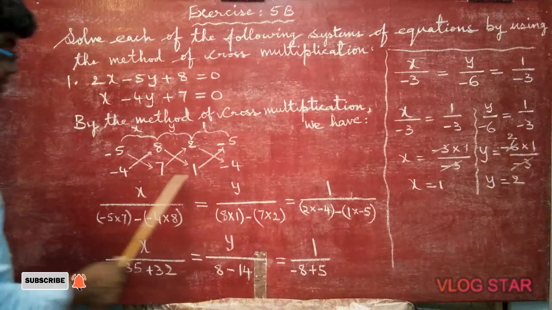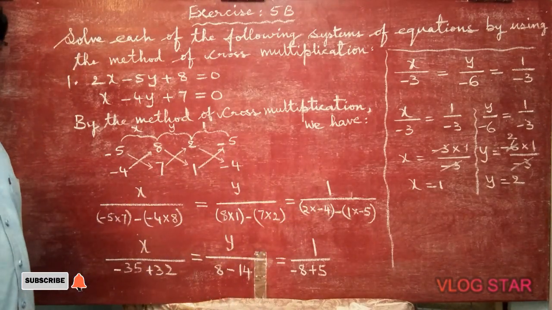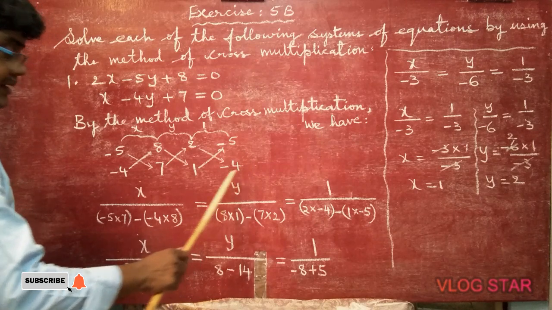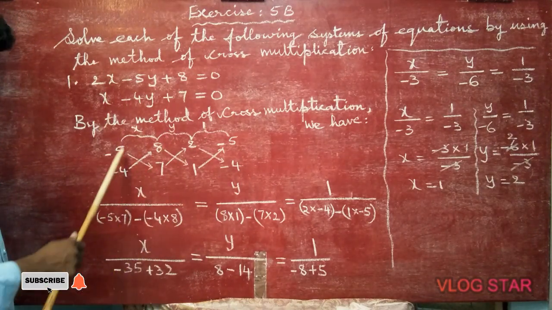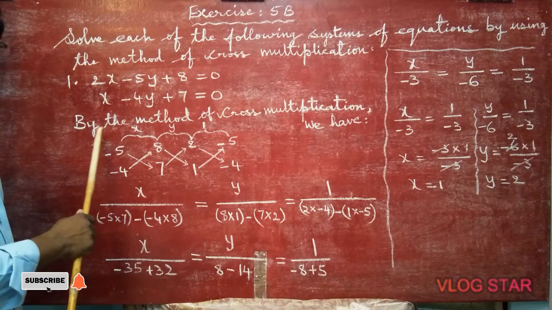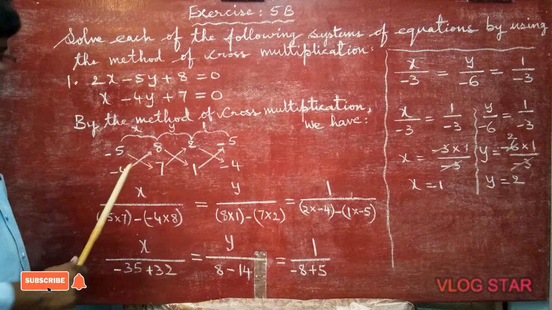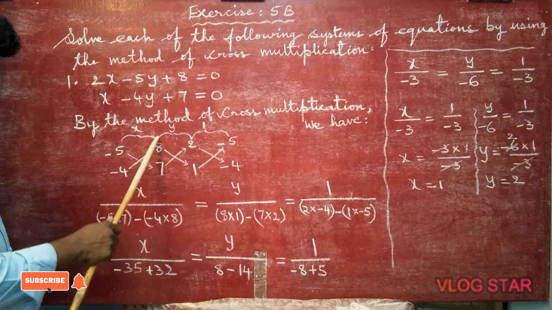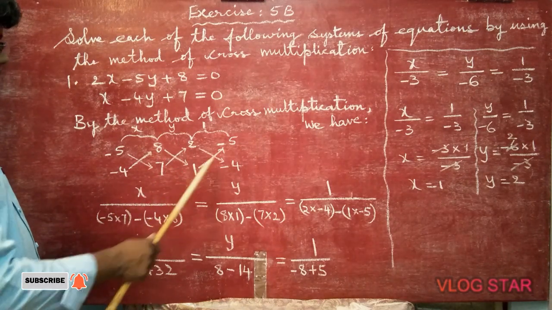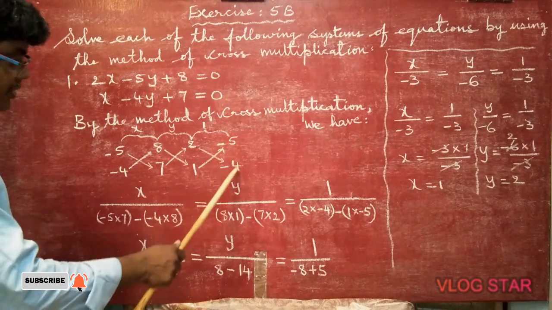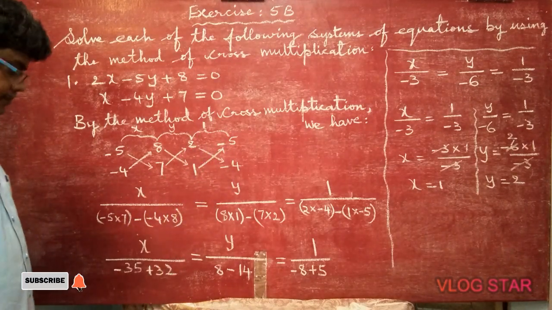So this diagram, how easy to find out, you see. So make a habit of practicing. x, y, constant. But we won't write x coefficients first. That you have to keep in mind. Y coefficients, constants, then x coefficients, and what you have written, you have to repeat. Are you able to follow?